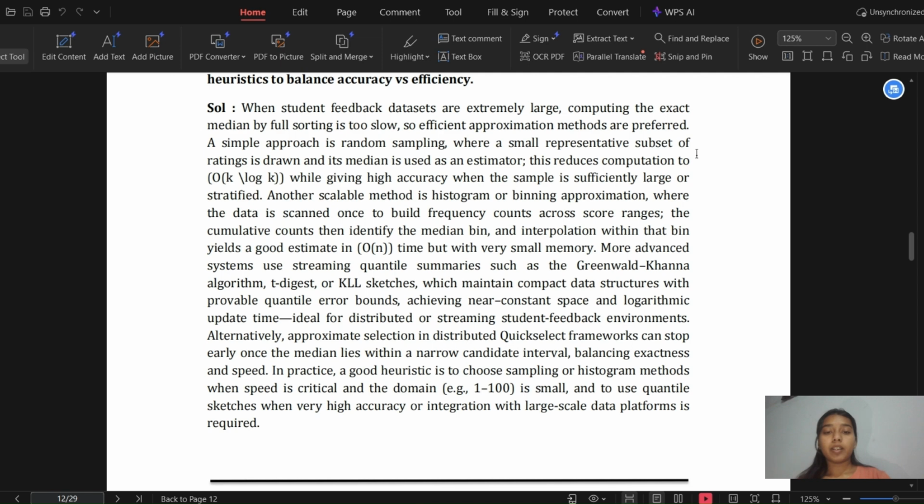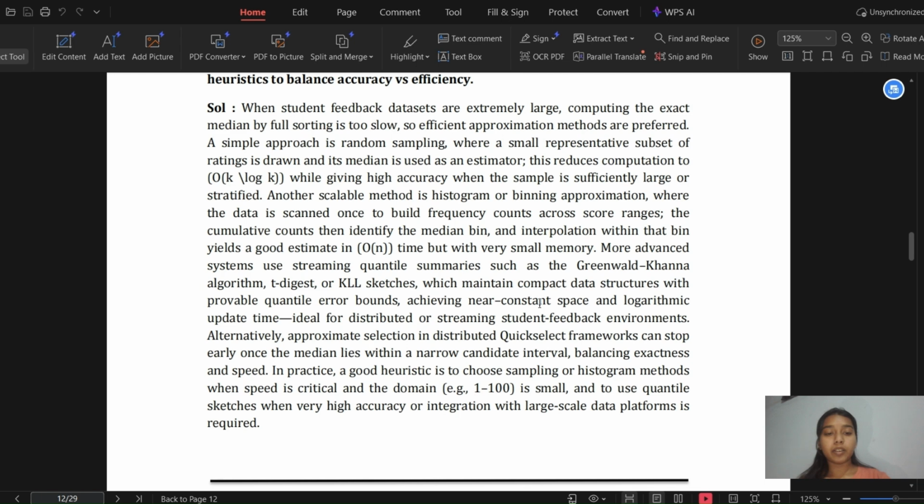Another scalable method is histogram or bin approximation, where the data is scanned once to build frequency counts across coarse ranges. The cumulative counts then identify the median bin, and interpolation within that bin yields a good estimate in O(n) time but with very small memory.